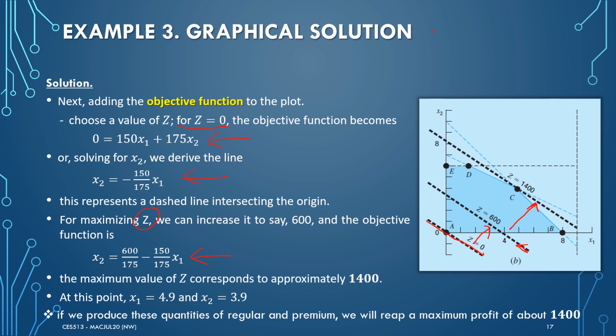As shown in figure B here, the maximum value of Z corresponds to approximately 1,400, which is here. At this point, x1 is approximately 4.9, and x2 is approximately 3.9.